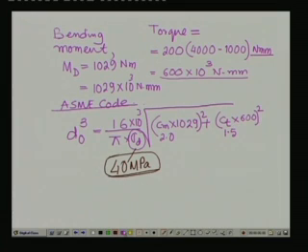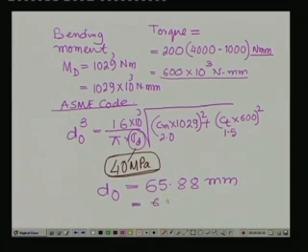If we consider all these values, then a simple calculation will show you that this value comes out to be 65.588 mm, approximately 66 mm. Why?